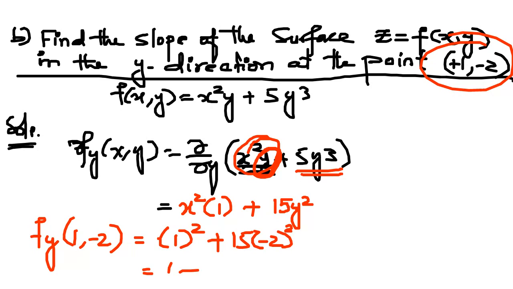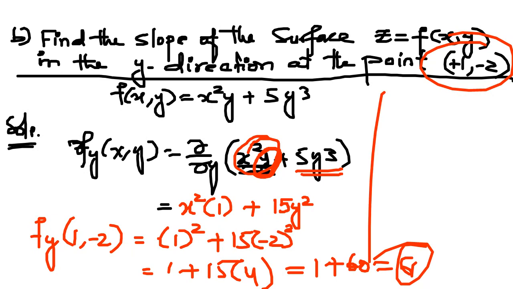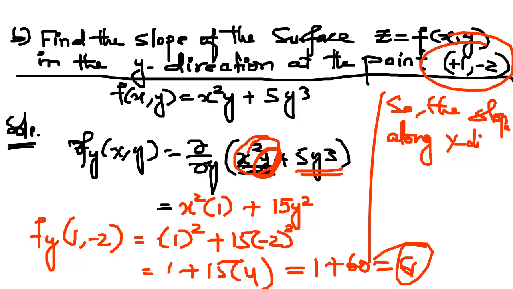That is equal to 1 plus 15 multiplied by 4, that is 1 plus 60, which is equal to 61. So the slope along the y direction is 61. So is this clear?